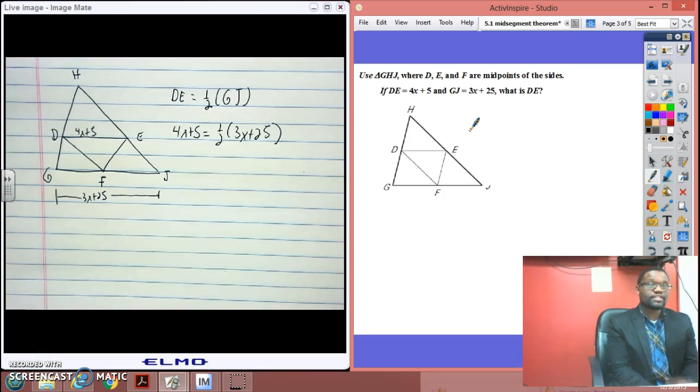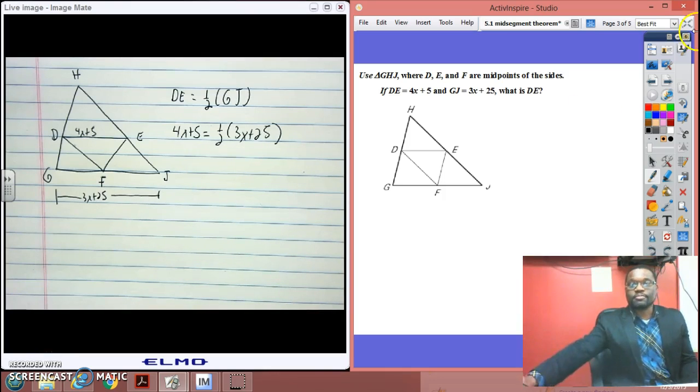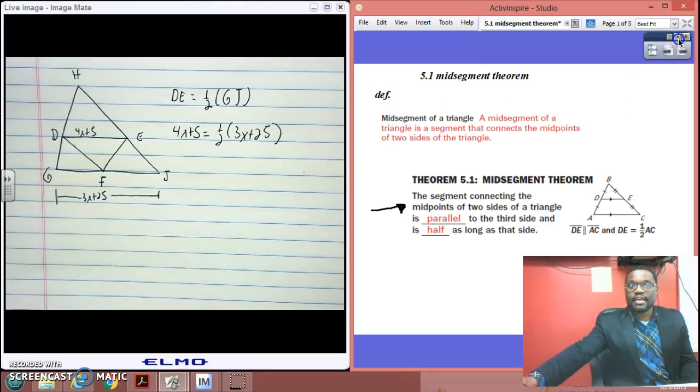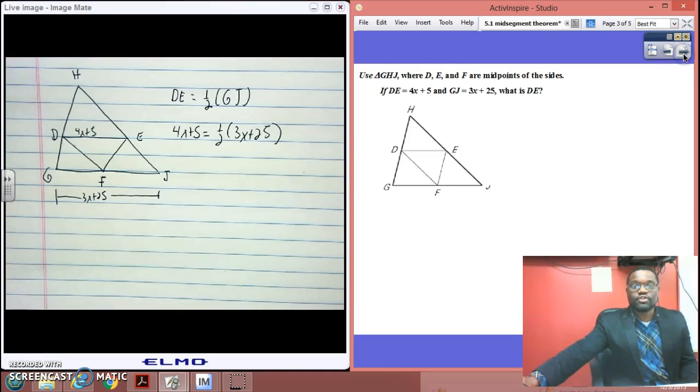I made up an equation based upon the theorem that I had at the very beginning. The theorem stated that whenever you have a midsegment, that midsegment is equal to half of the base of the triangle. So that's where this equation comes from.